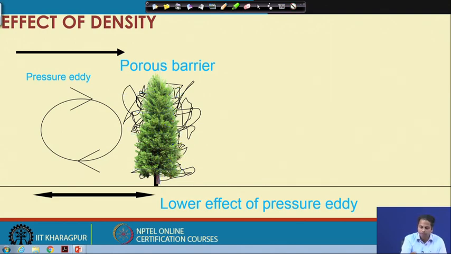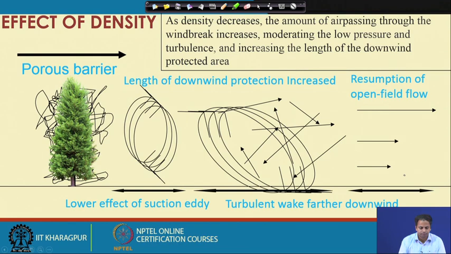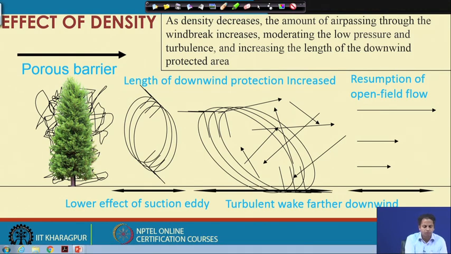Similarly, on the leeward side, because air can pass through it, not like in the case of solid barrier, where there was very little flow because it was non-porous. In the case of porous barriers the winds can pass through it, so there is a modification in the wind flow here.